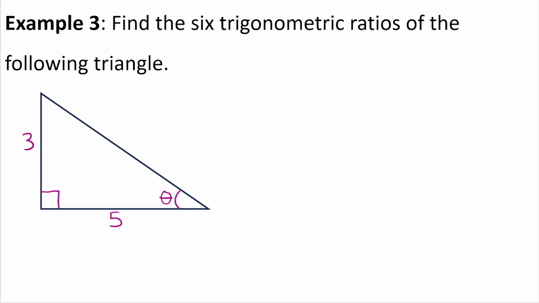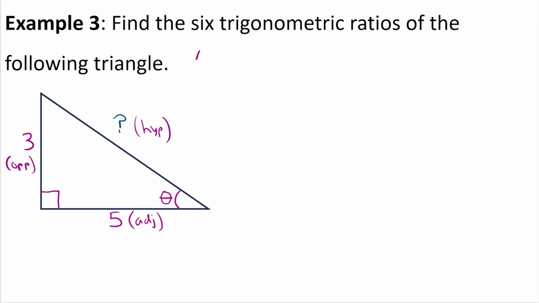Now our last example, we have a third side missing this time, and that third side would be the hypotenuse. So our mystery value here is a question mark, but we know that that missing side is our hypotenuse. Here's opposite once again, and here's adjacent. Once again, we'll apply the Pythagorean theorem.